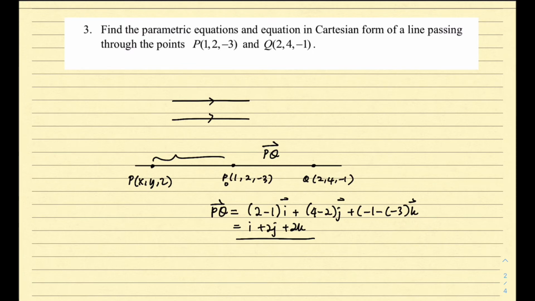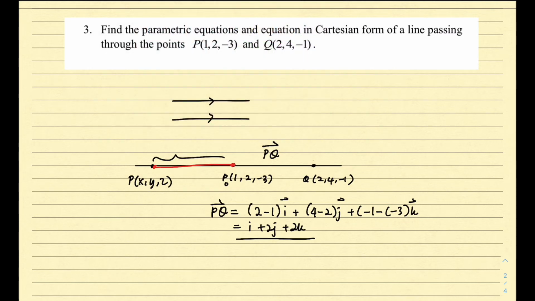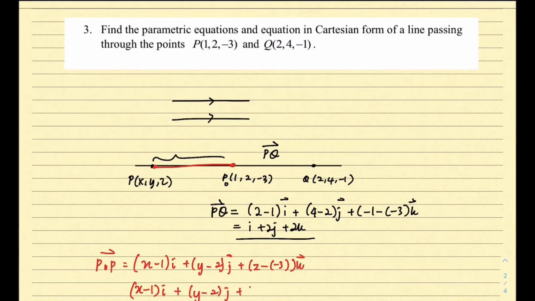Okay, so now we can find the equation of line where the line is here. Daripada point ini ke point ini adalah line. So, now kita nak cari vector P naught P. Okay, so X minus with 1, this one is for I. Plus with Y minus with 2, this one is for J. And plus with Z minus with negative 3, this one is for K. So, kita ada kat sini X minus 1 I plus with Y minus 2 J plus with Z plus 3 K is equal to a scalar T multiply with the vector.